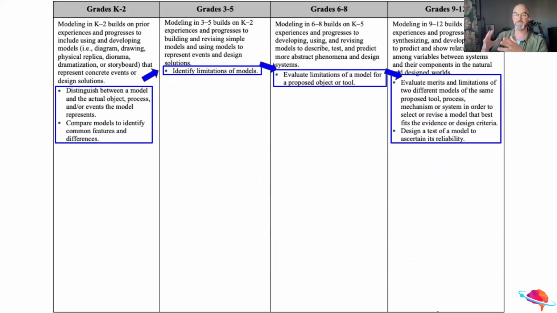And then in 9-12, they need to evaluate the limitations of two different models for the same process. So maybe we're looking like a mathematical model and like a physical model, a realistic model, versus a model of, like, more of a flow chart type model. And so these are different ways that this progresses over time. And so the expectation of what students should be doing in each grade level band is different.